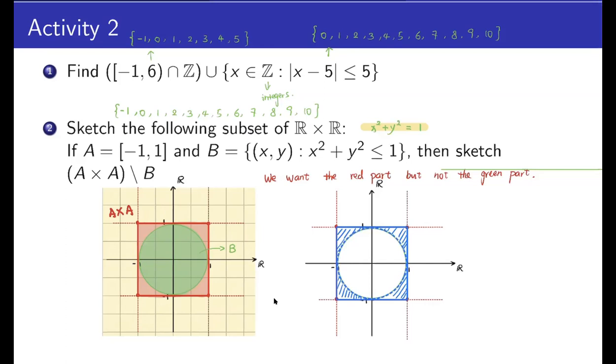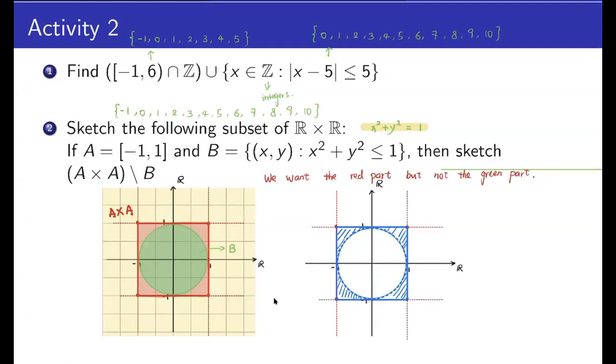What about those four intersection points? Do we want them? No. If we don't want them, what do we do? Difference. That's difference, like minus. This set operation means minus. So we don't want the intersection points. If you don't want them, you use the empty circle.